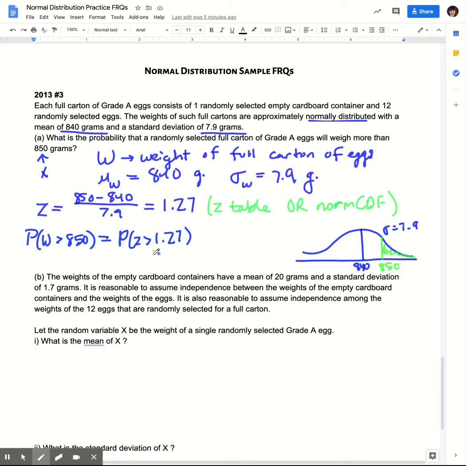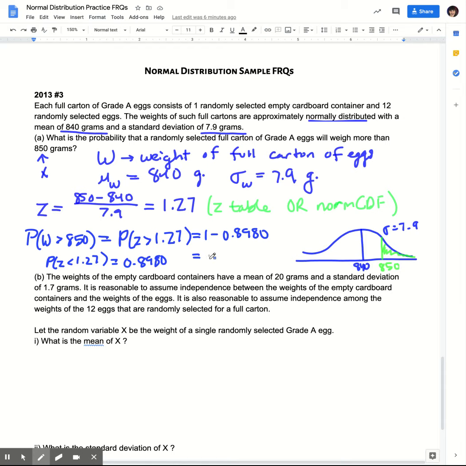From the z-table, you get the probability that z is less than 1.27, which is 0.8980. If I want the greater-than probability, that's 1 minus 0.8980.